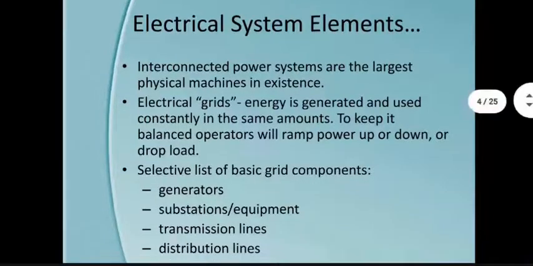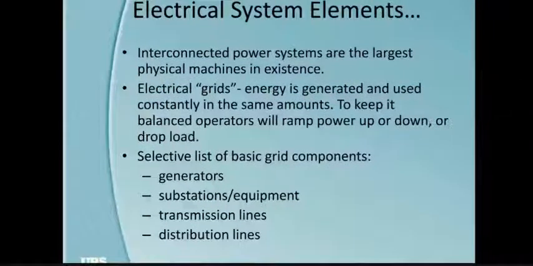Now, components in the grid, of course, I think you are already aware of all this. Generators, AC generators in particular, substations and transformers are part of the equipment as well. Transmission lines and distribution lines are the ones which are local transmission lines on the customer side.